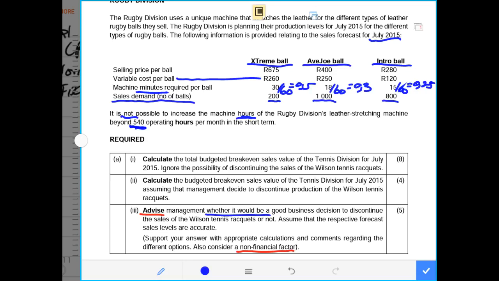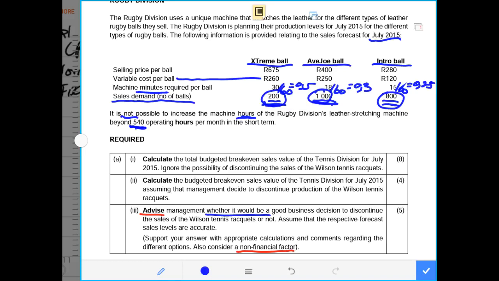Then the question is, do we need all these hours? We don't know. We need to test based on the number of units that each product wants to manufacture, and how many hours are required to manufacture that number of units.